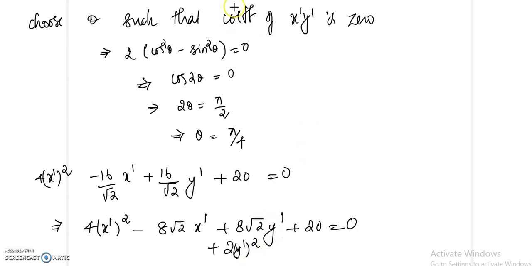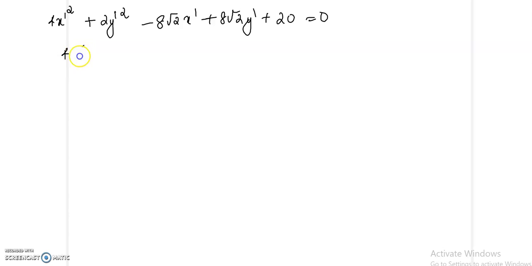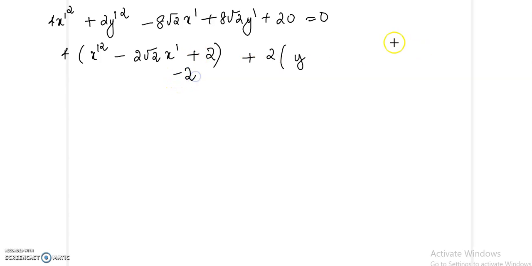Now let us complete the perfect squares. We get 4 x dash square minus 2 root 2 x dash, plus 2, minus 2, then 2 y dash square, taking 2 outside, plus 4 root 2 y dash.